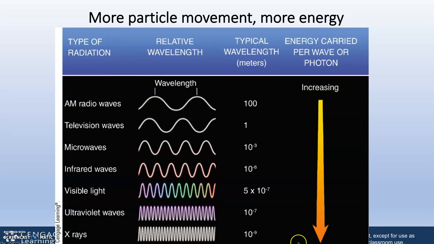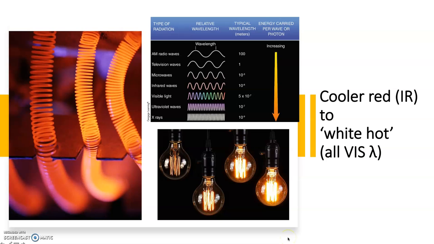very, very quickly in short wavelengths, so that in short wavelengths, we have more particle movement, we have more energy. And if you think about that, it is directly related to what you see every day. So these are filaments that are heating up.